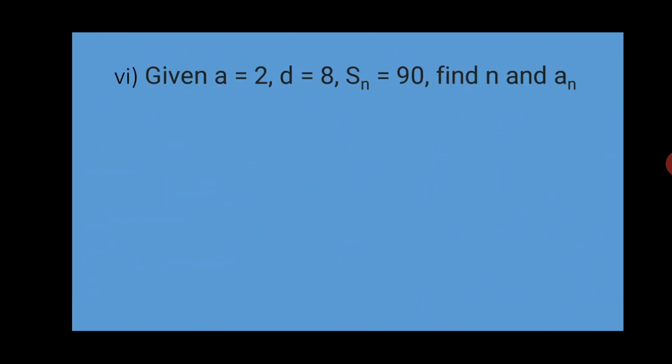Given a is equal to 2, d is equal to 8, Sn is equal to 90. Find the value of n and an. How can we find out the value of n and an here? First, write down the value of a.